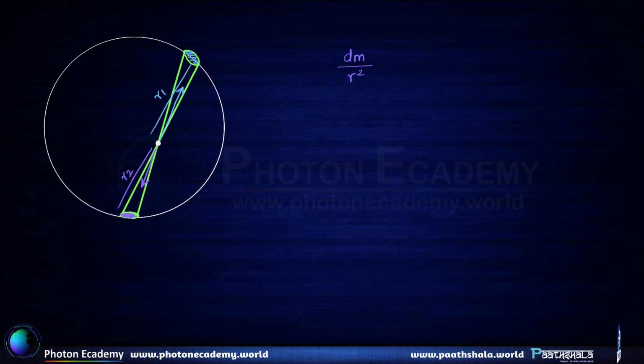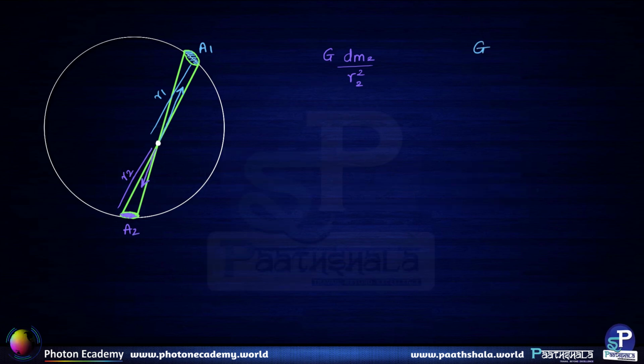So this field is G dm2 upon r2 square, and let us say this is area 1 and this is area 2. The field because of area 1 happens to be G dm1 upon r1 square. Now dm2 is effectively proportional to r2 square, so you can say that dm2 is going to be some constant sigma into r2 square.